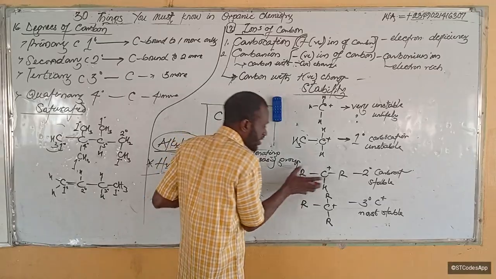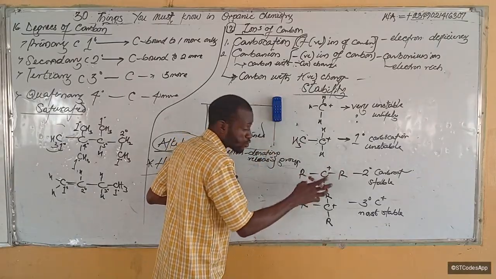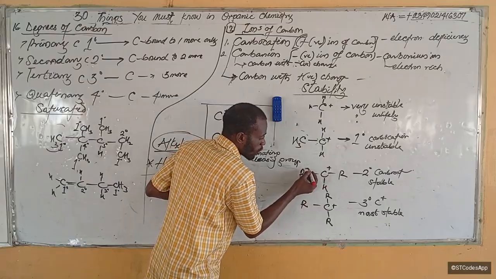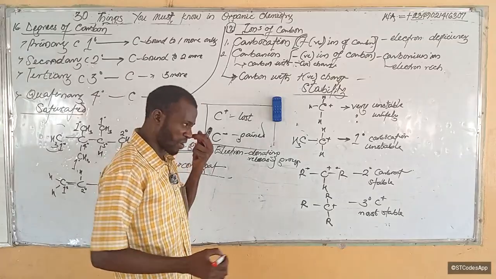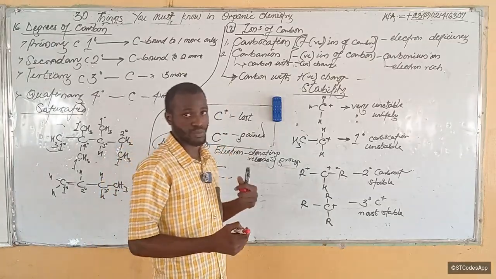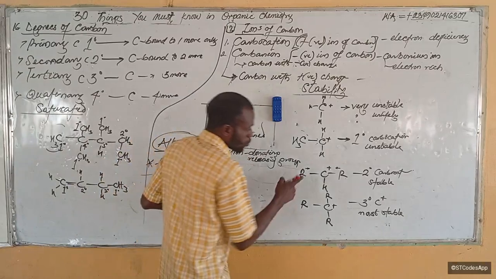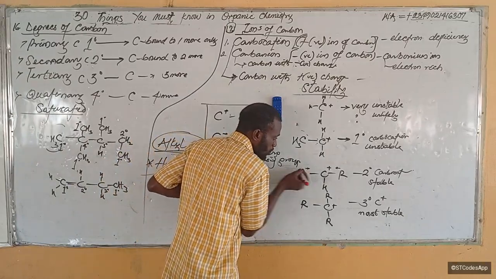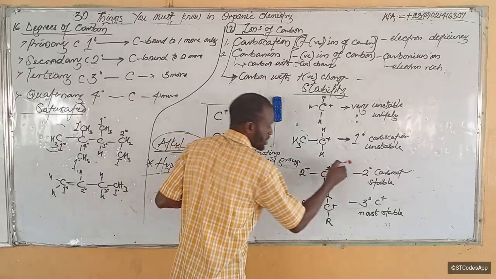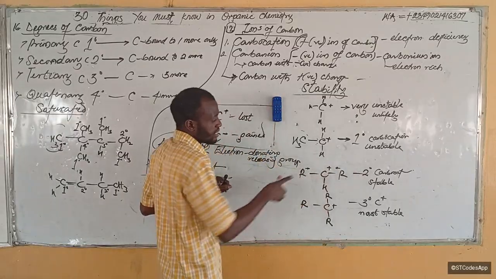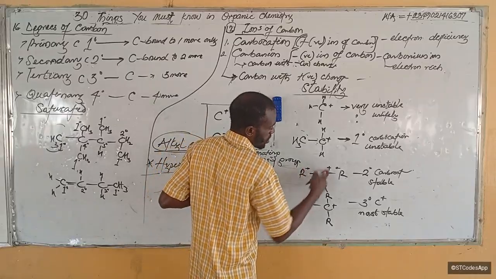But of course, you cannot compare that to this guy. This guy has more substitution, so because of that, electron donation is coming from this end and from this end. We have a name for that, okay? We call it positive I effect, or positive inductive effect. So you will see that this guy is pushing electron density towards this guy, because this guy is electron deficient.